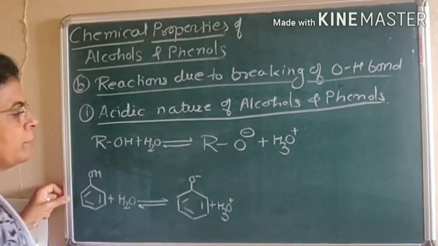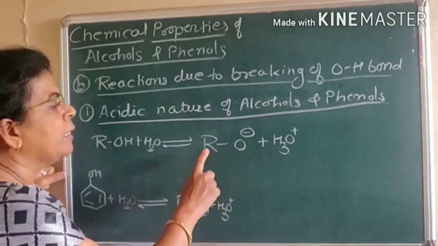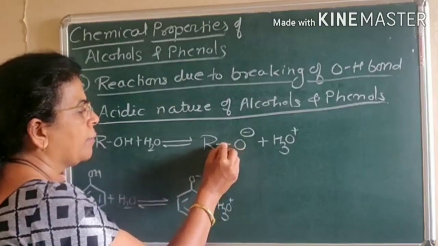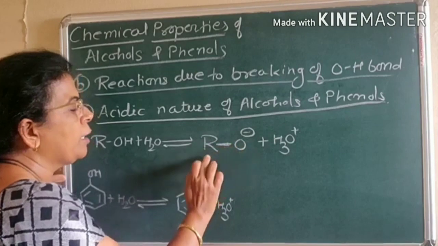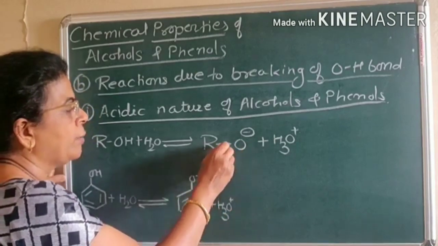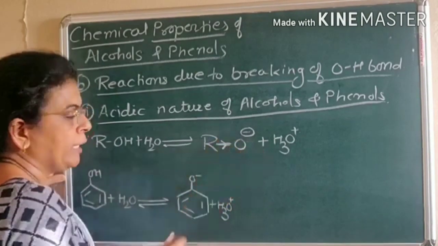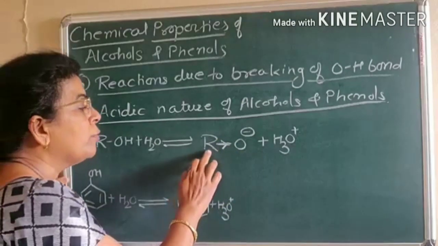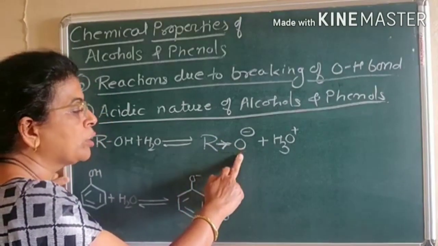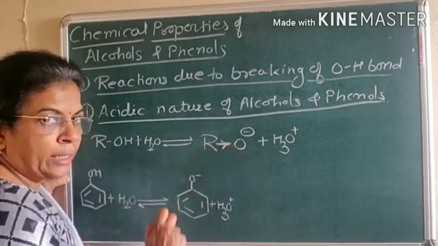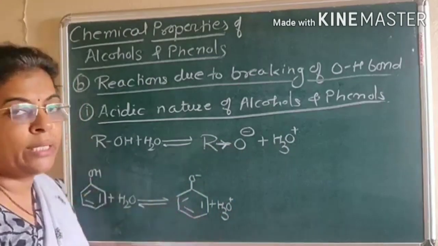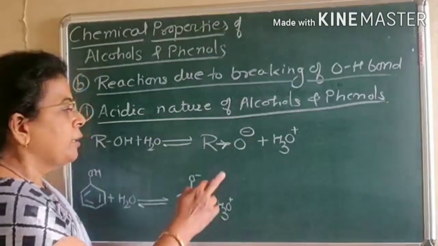This alkoxide ion is an unstable ion because the alkyl group attached to the oxygen atom is an electron donating group. It donates electrons to the oxygen atom by the electron donating inductive effect.